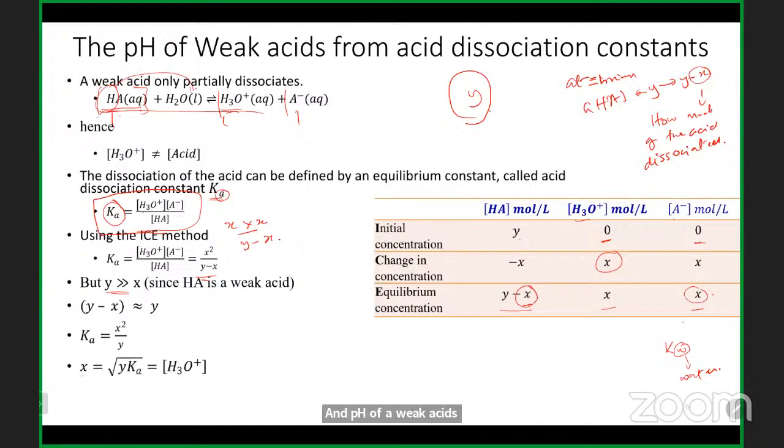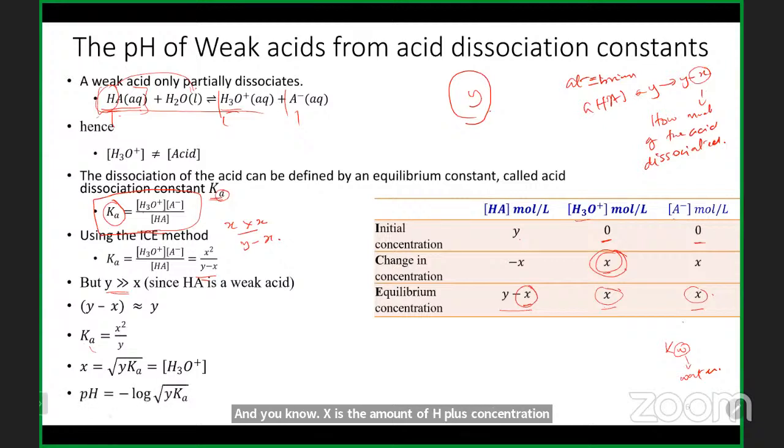If you make X the subject of the formula, you bring Y to this side, then square root both sides, so you have X equals square root of Ka times Y. And X is the amount of H3O plus concentration that we have in the solution.